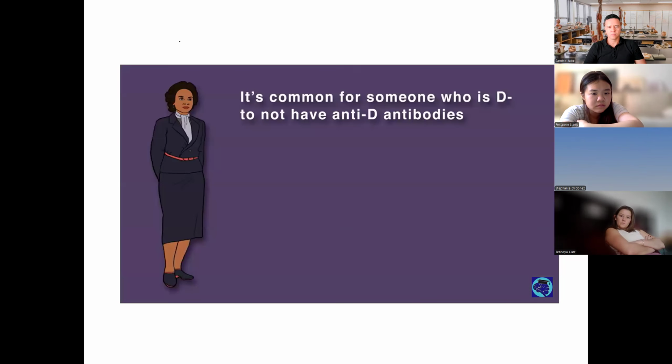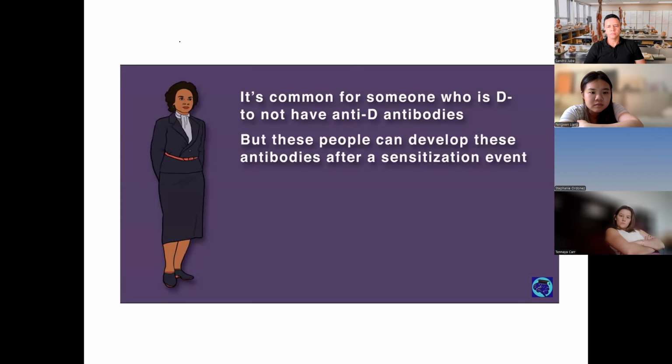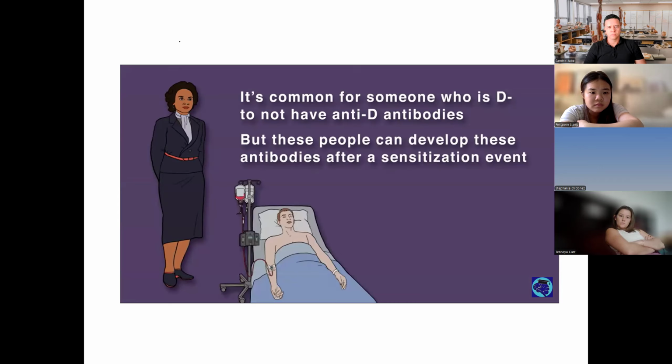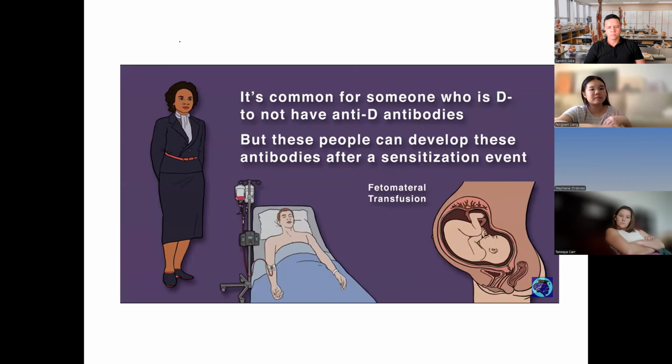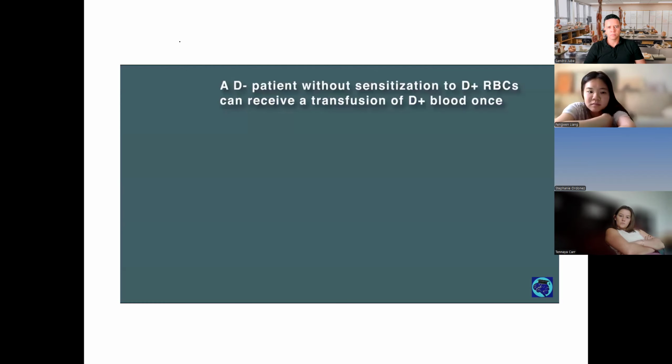It's common for someone who is D negative to not have anti-D antibodies, but these people can develop these antibodies after a sensitization event. This can happen, for instance, during a blood transfusion, or during a fetal-maternal transfusion of blood during pregnancy. This can result in the development of Rh disease. So a D-negative patient without sensitization to D-positive red blood cells can receive a transfusion of D-positive blood once.